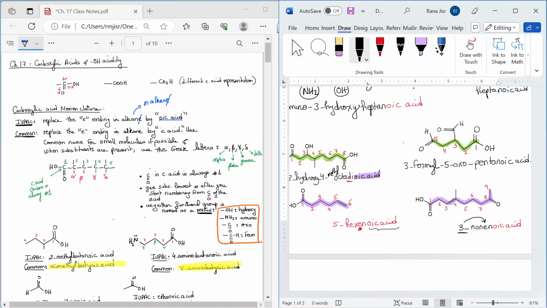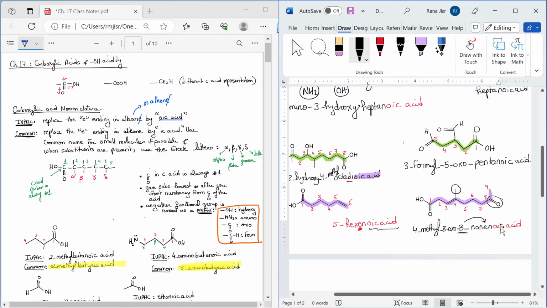And this is why I need to include it before the nonene. And then my substituents. I do have a methyl substituent. And I do have an oxo substituent in there. So arrange it in alphabetical order. The M comes first, so that is going to be 4-methyl, 8-oxo, 3-nonenoic acid.